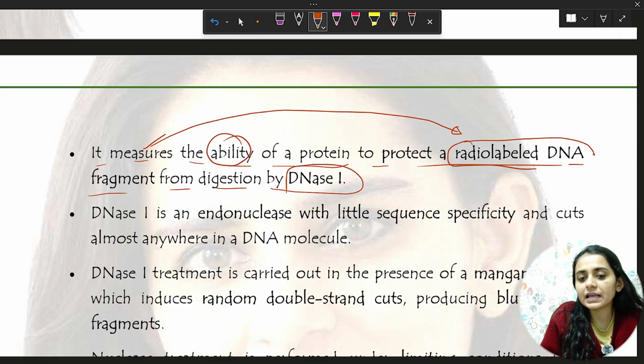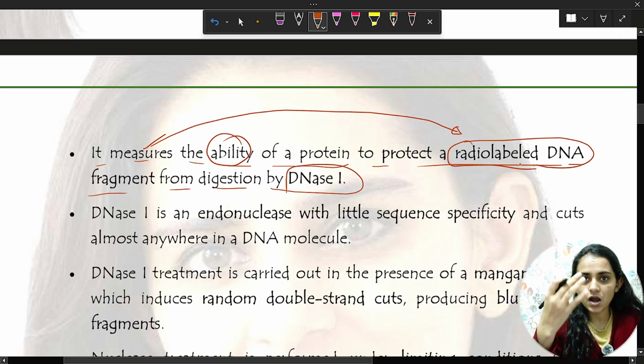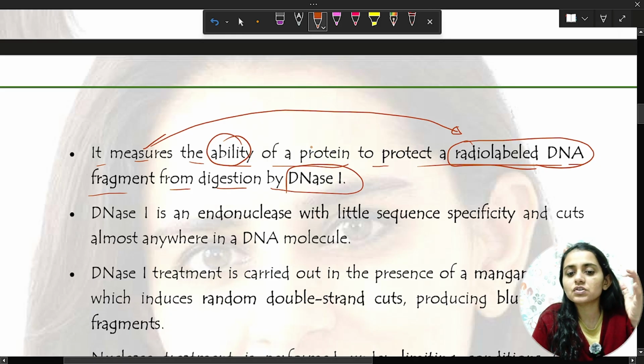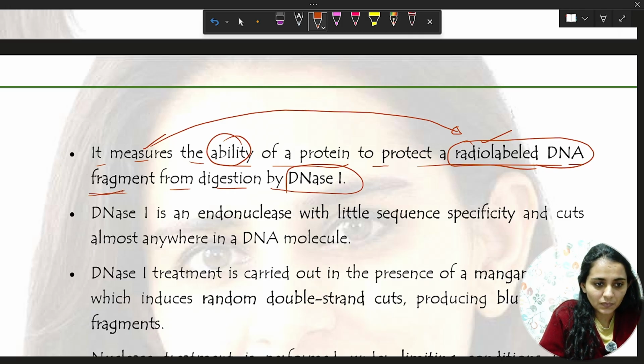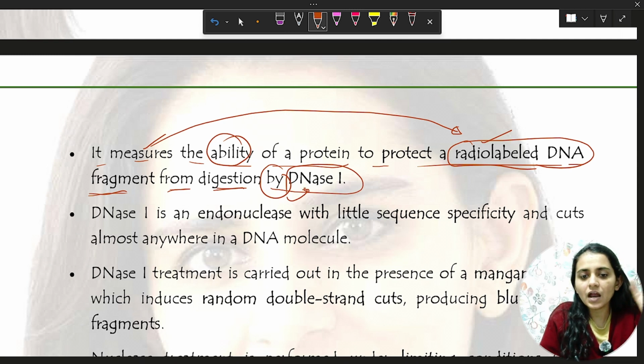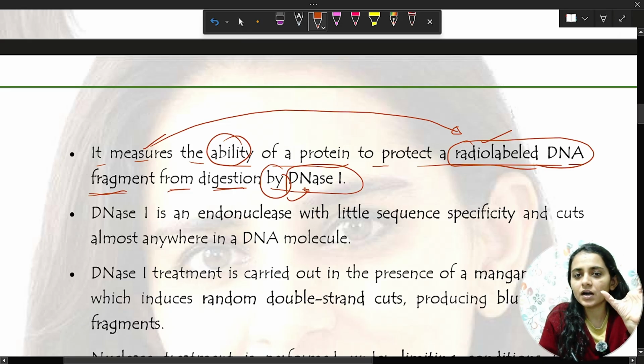Because that will give us visual identification. So visually we can identify it. That's why we are using radiolabeled DNA and fragment from digestion by DNase I, and that particular fragment which the protein can protect from DNase I by protein protection.